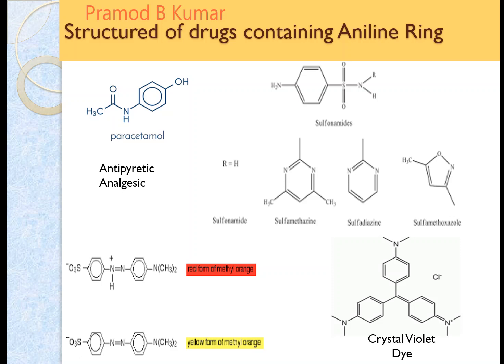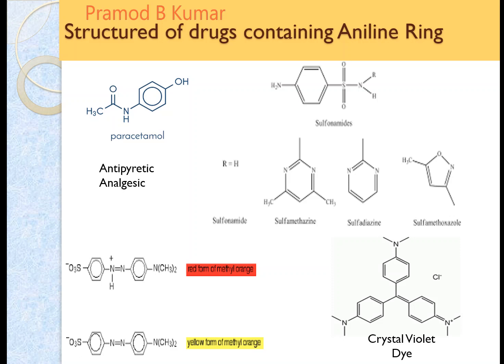Other examples as an indicator, methyl orange, you might have used it in your titration. So methyl orange is also an example of an azo compound which is formed by treatment of N,N-dimethyl aniline with benzene sulfonic acid diazonium salt, and this can be used for the detection in acid-base titration.